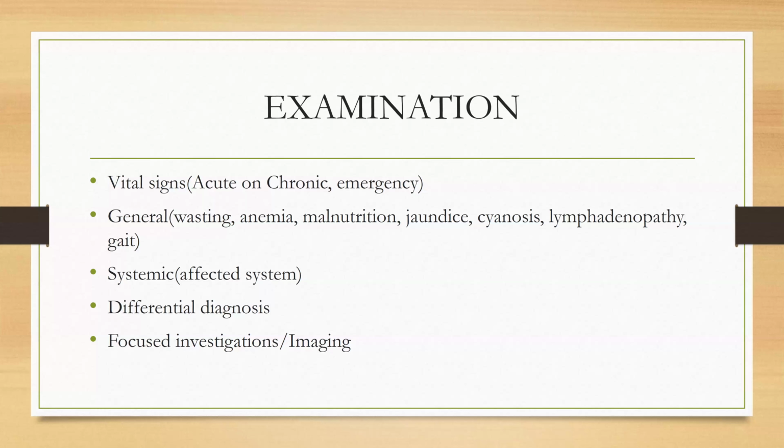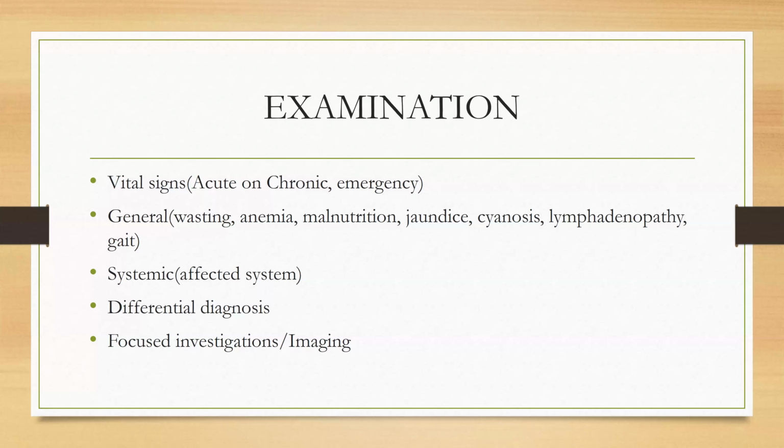Sometimes you make a very good diagnosis of TB, but you don't realize that on top of the TB, they have an acute community-acquired pneumonia. So you should look at your vital signs and know, even before starting the TB treatment, whether there is another issue in the patient that you need to address.